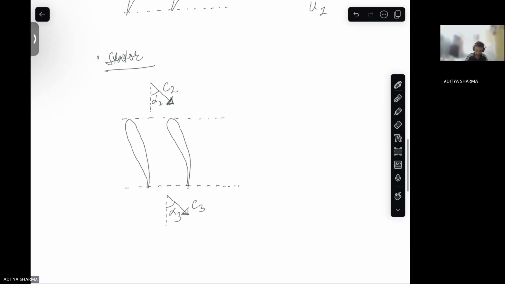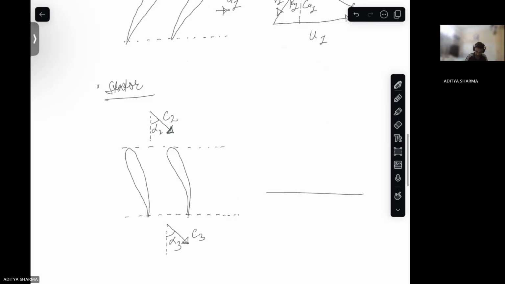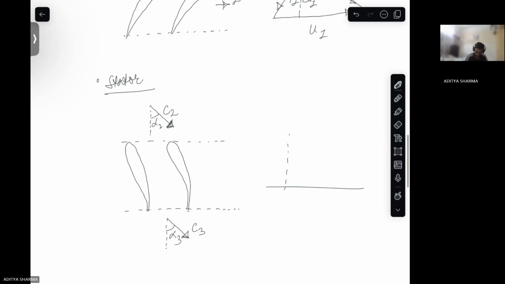And then the velocity triangle related to it is this.